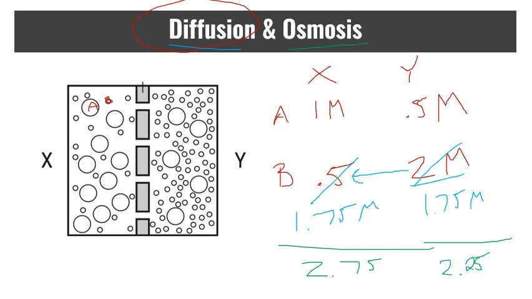So if A and B are suspended in water, what's going to actually happen is that I'm going to need more water to go to the X side so that the concentration, the molarity, the moles per liter will then be what I need them to be. So the water is going to flow through osmosis from Y to X until the molarity is equal.